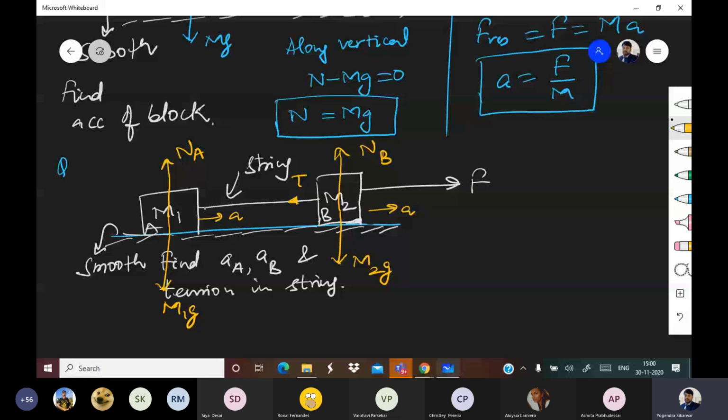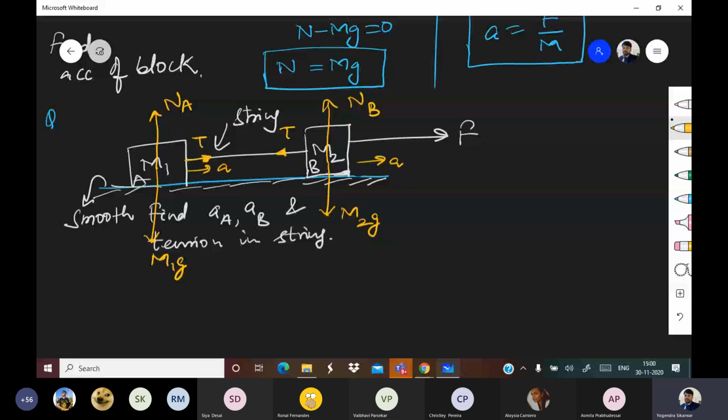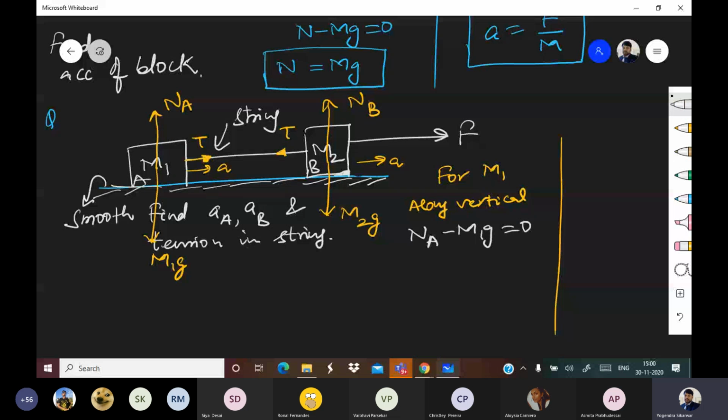For M1, I am talking about for M1. First along vertical, what we can see is NA minus M1G is equal to 0 because A has no acceleration in vertical direction.